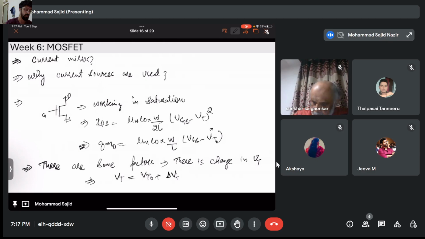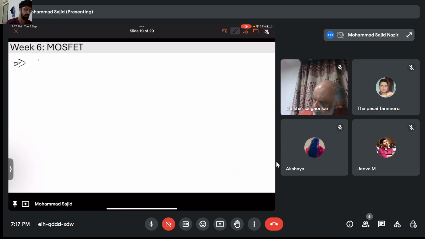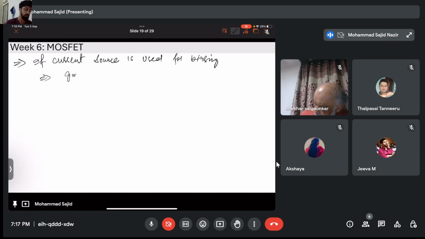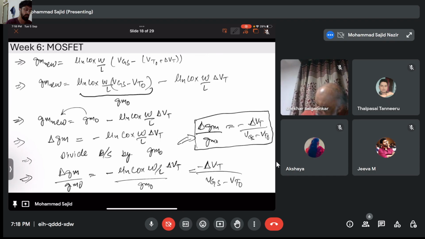Now, this is when we used a voltage source, so you are using VGS for biasing. Now, if a current source is used for biasing, just tell me the formula for GM in terms of current source.